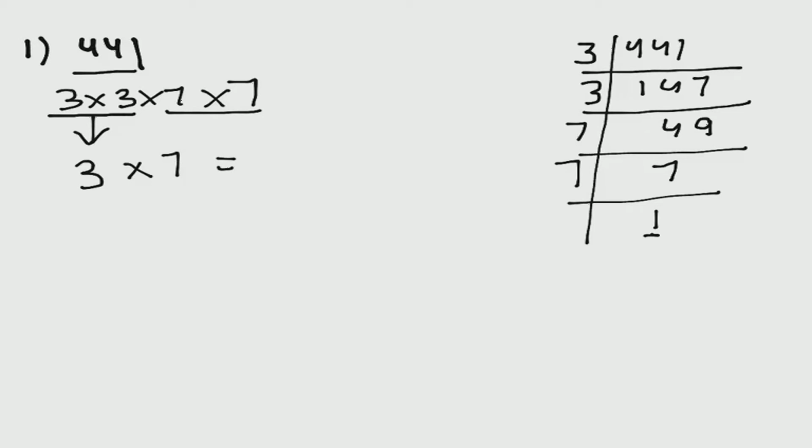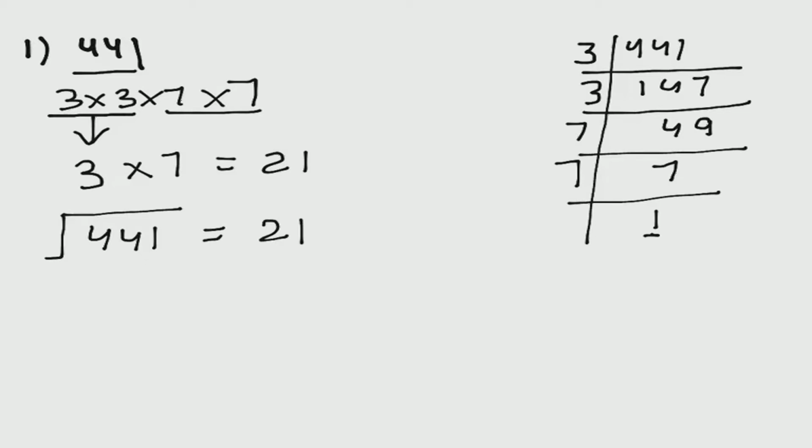So 7 times 3 gives us 21. It means 441 is the square of 21, or using the symbol for the square root, the square root of 441 is 21.